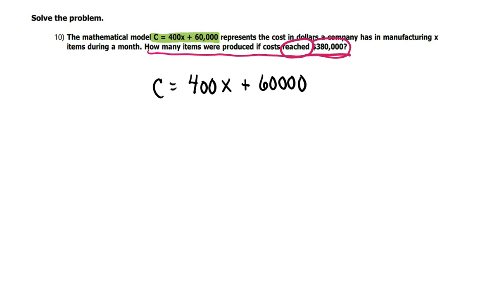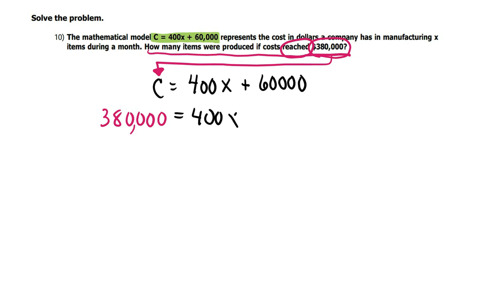That 380,000 is what the costs reach, and C is cost. So the 380,000 goes right there.